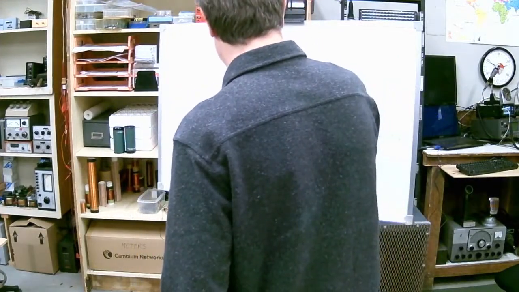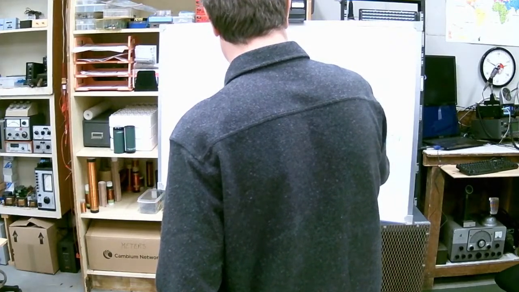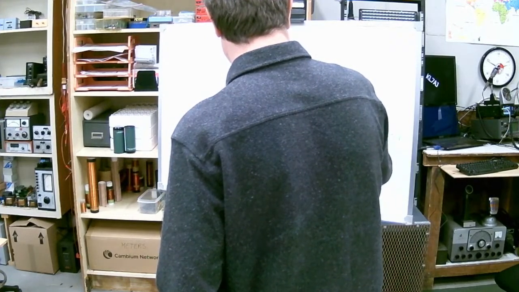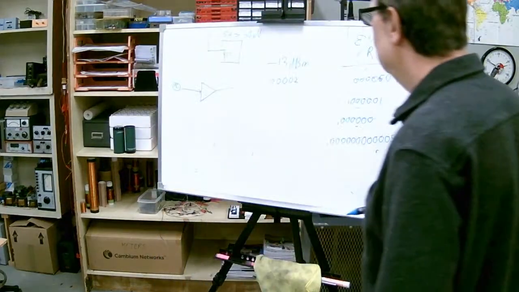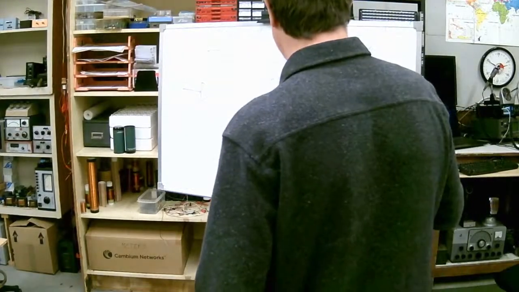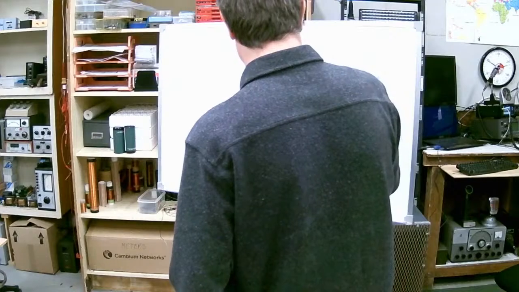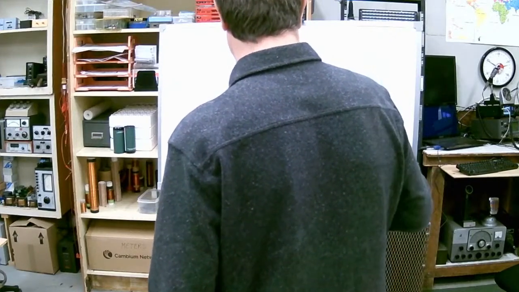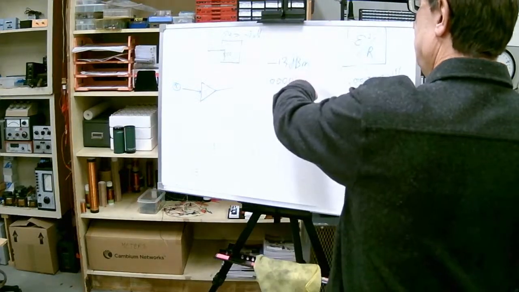So we have 0.0002, tens, hundreds, thousands, 10,000. And we can convert that to watts. Minus 13, so minus 10 dBm.